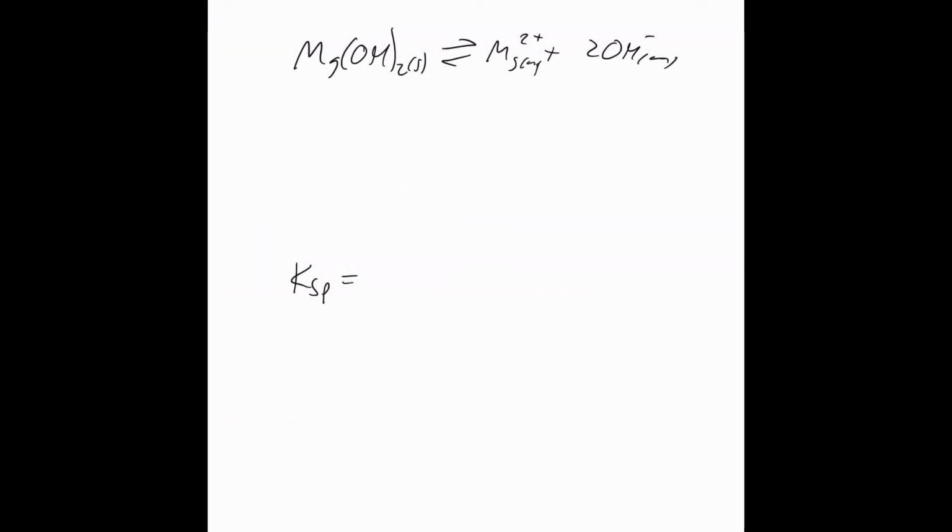All right, now we have our problem set up. We've got magnesium hydroxide solid added to water, so it's going to dissociate into magnesium 2 plus and 2 OH minuses, both aqueous. And we have a KSP, which was 8.9 times 10 to the minus 12. I forgot to write that down.